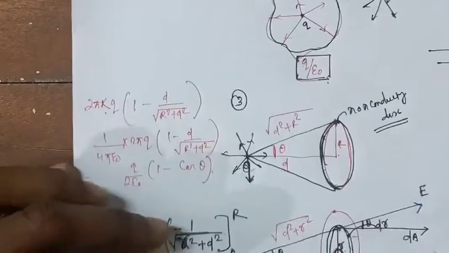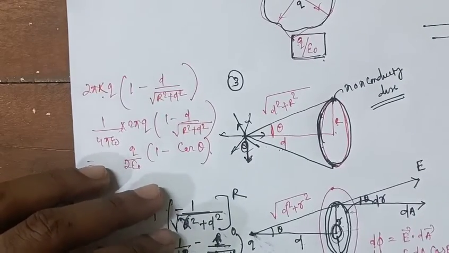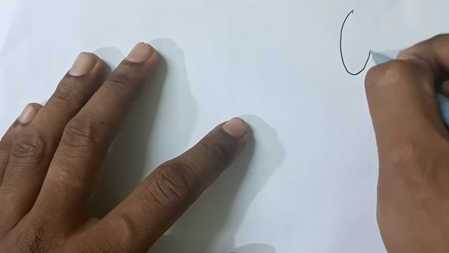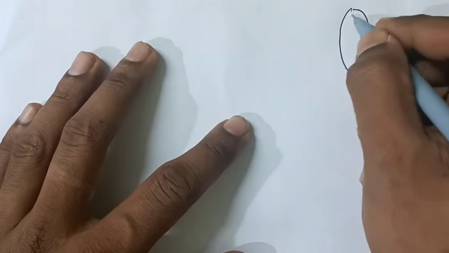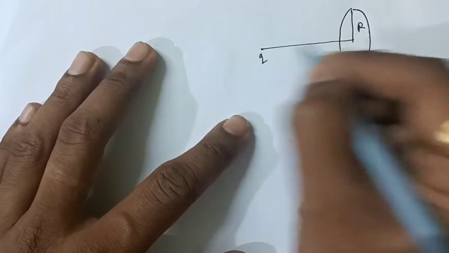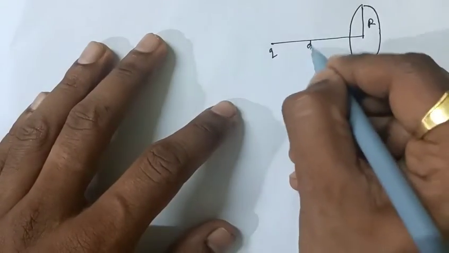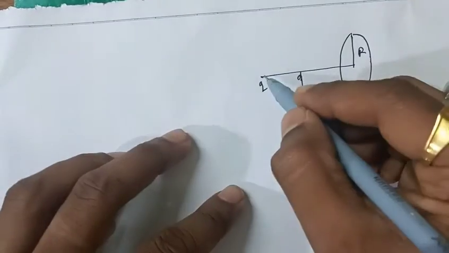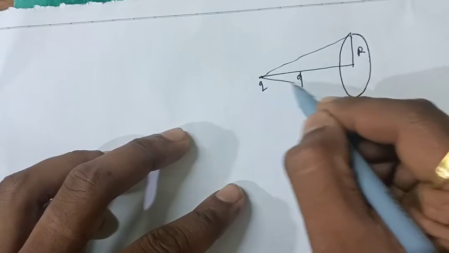So from the student perspective, I want to make it conclusive for everyone that if there is a disk of radius r and a point charge at some distance d, how much flux will pass through this disk?